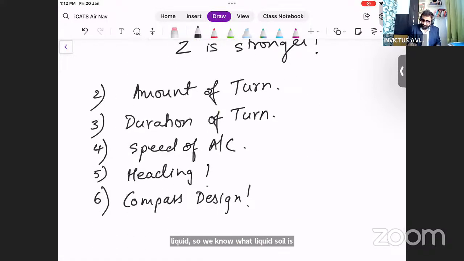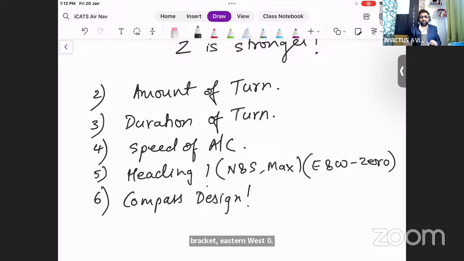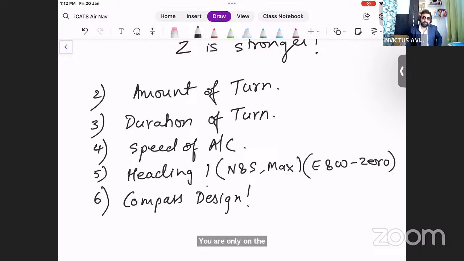Here heading, you will write north and south max in bracket, east and west 0, just as another reference for you. So turning through north and turning through south, you are only on the northerly heading or the southerly heading, like that.